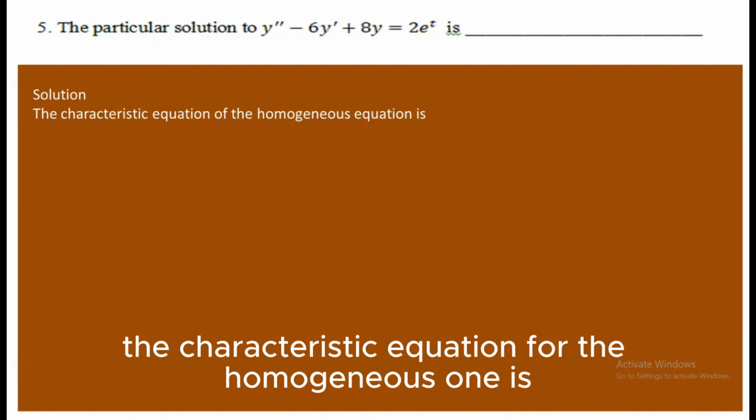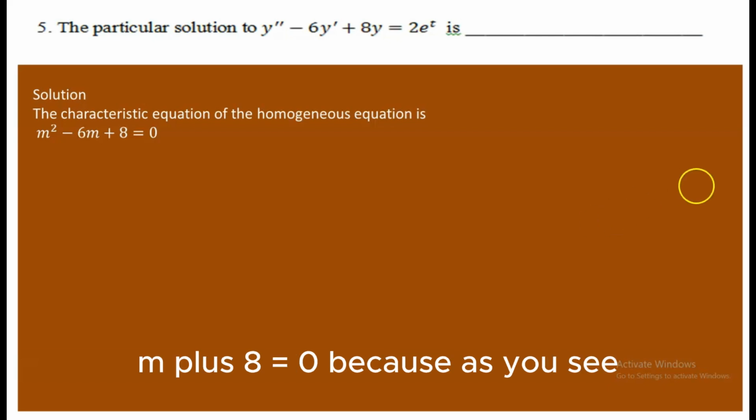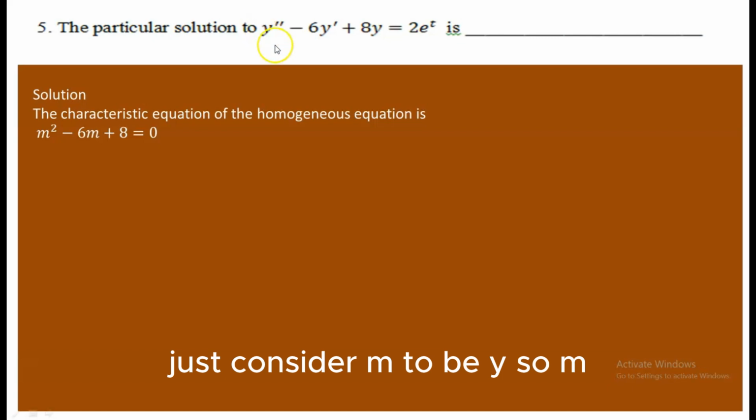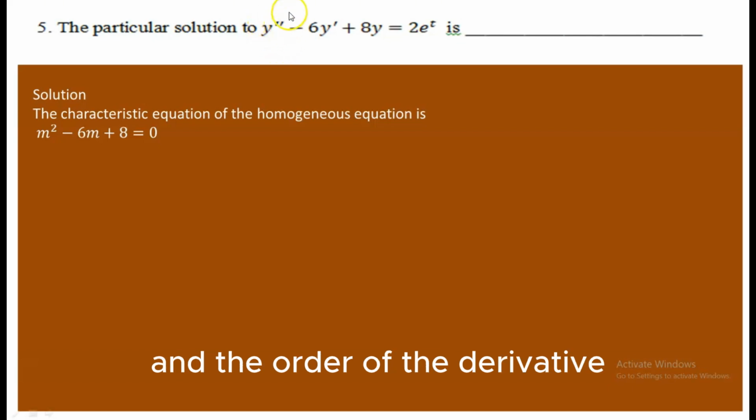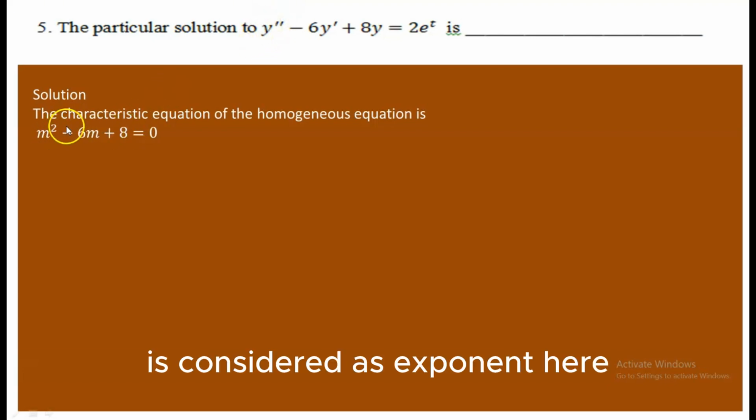The characteristic equation for the homogeneous one is m squared minus 6m plus 8 equals 0, because as you see, just consider m in place of y, and the order of the derivative is considered as the exponent here.